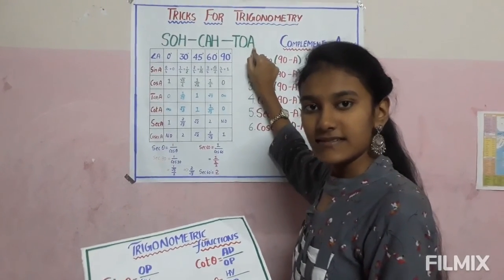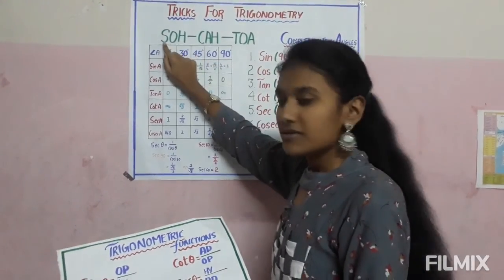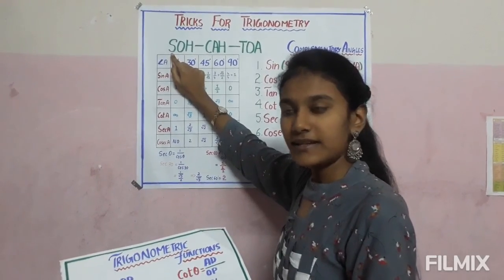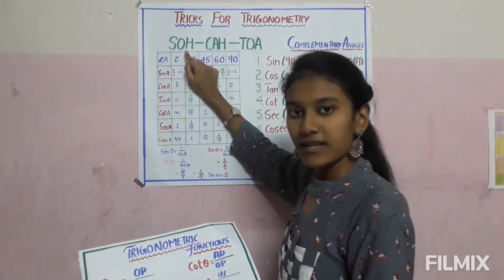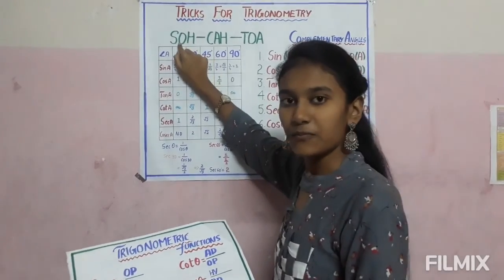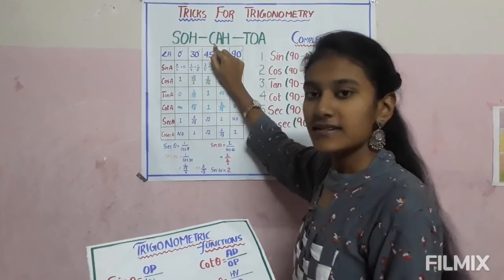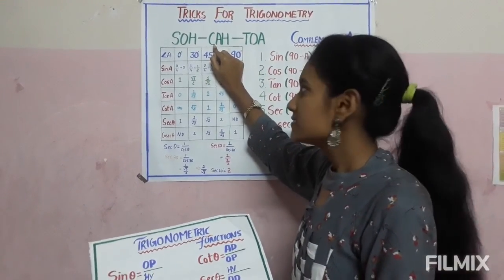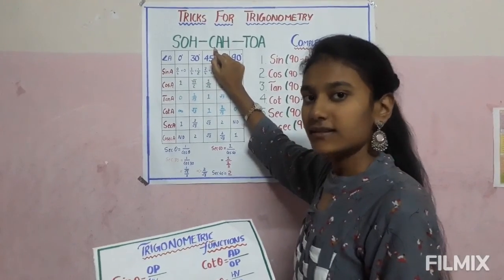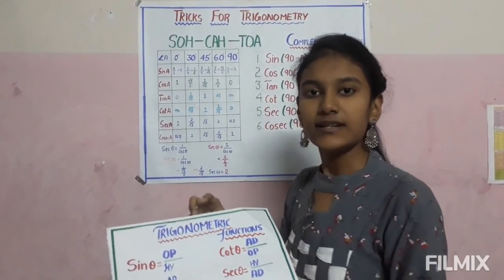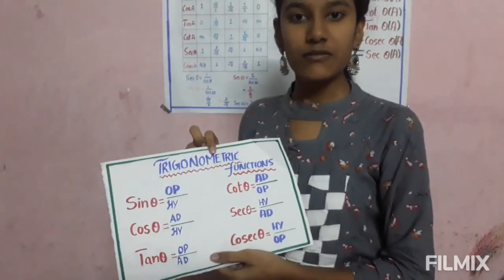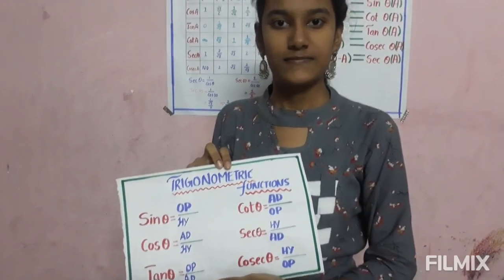Then cosec theta is related to sin theta, that means cosec theta equals the reciprocal of sin theta, that is hypotenuse by opposite. Then cos theta is related to sec theta, that is the reciprocal of cos theta, hypotenuse by adjacent. So this is the trick to learn trigonometric functions and ratios the easiest way.